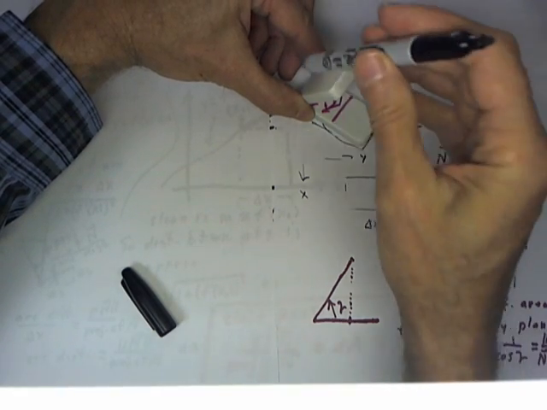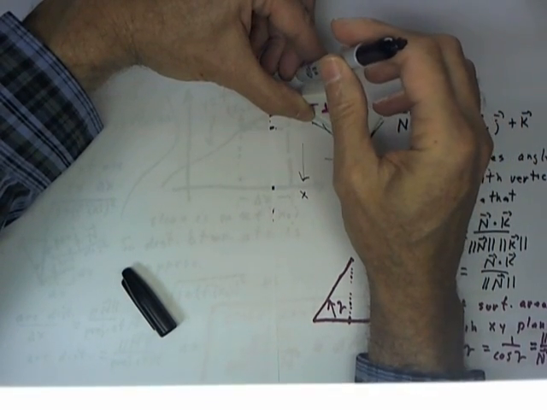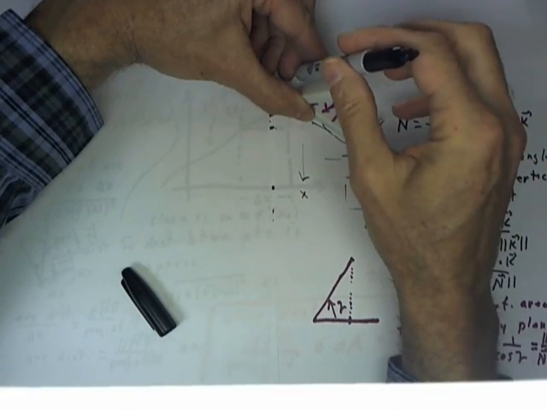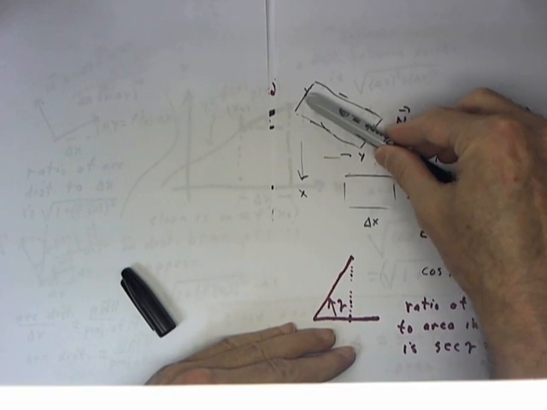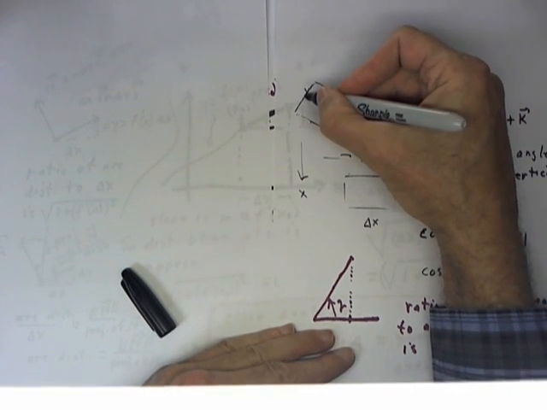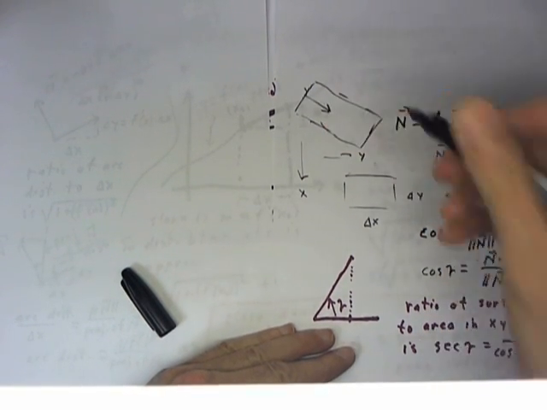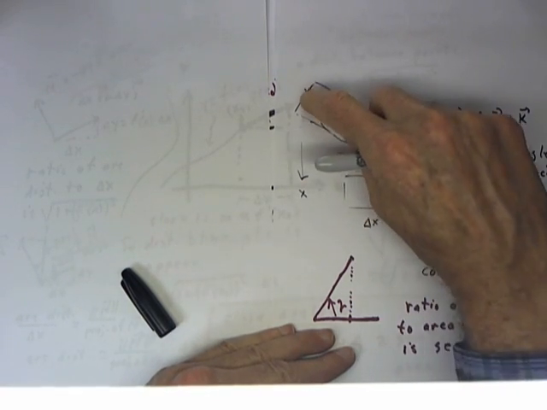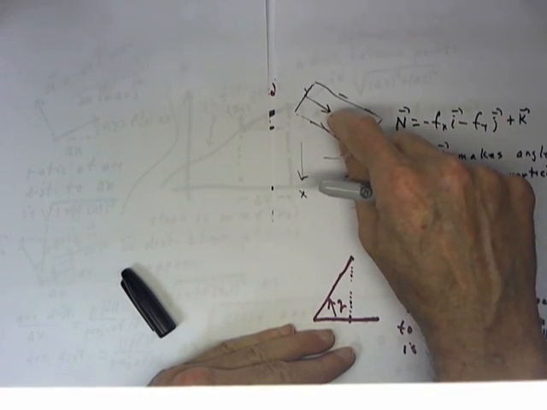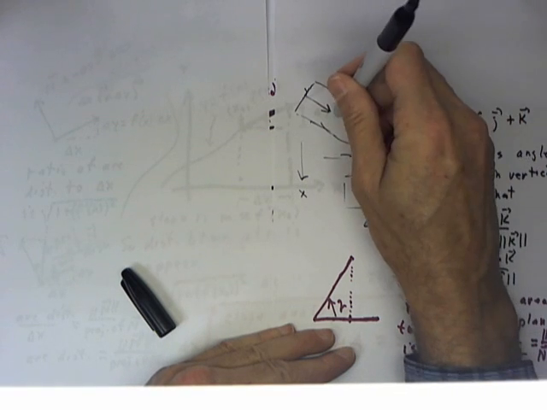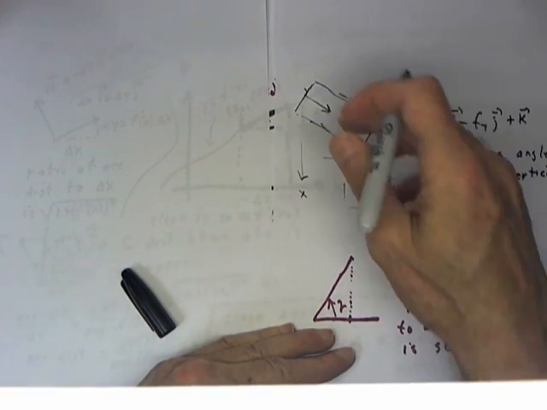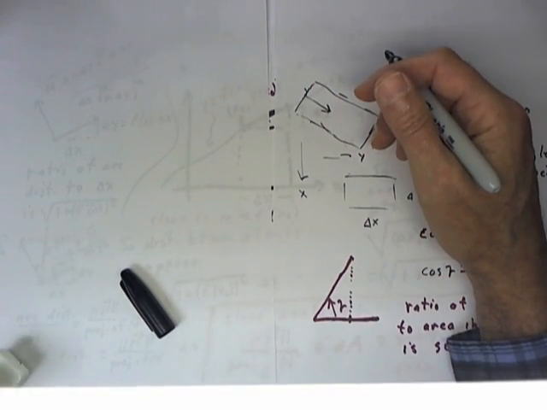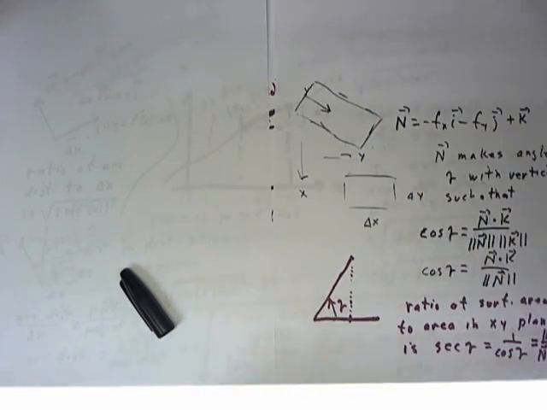Let me rephrase that: I rise most rapidly if I climb straight up this domino. That's in this direction, and that corresponds to motion in the XY plane in this direction, so that when I move in this direction in my XY plane, I have a maximum increase in my value of F. The direction of maximum increase is just the direction of my gradient vector.